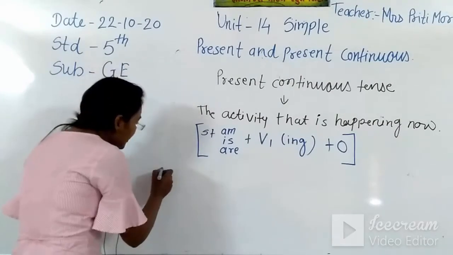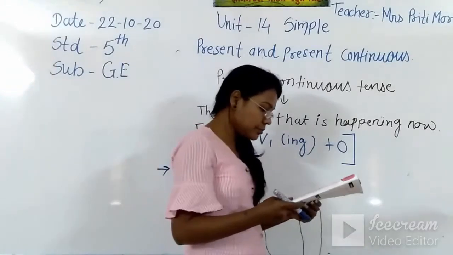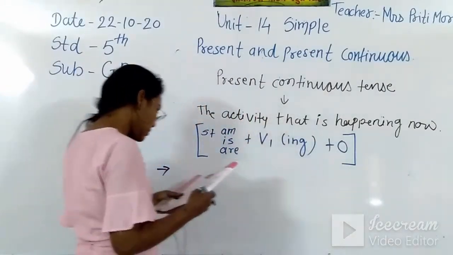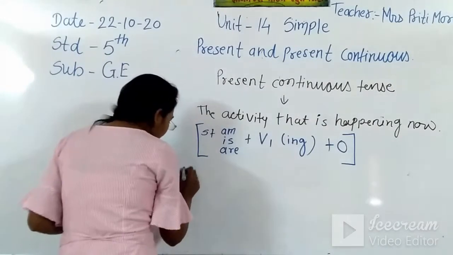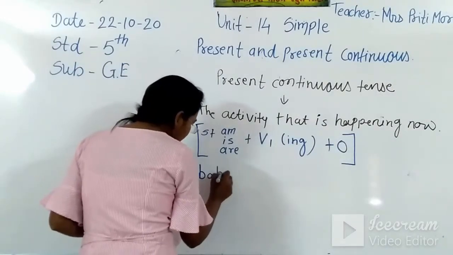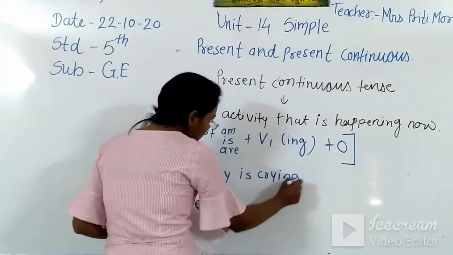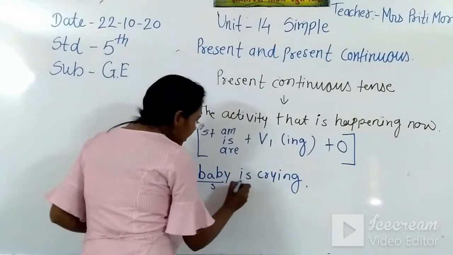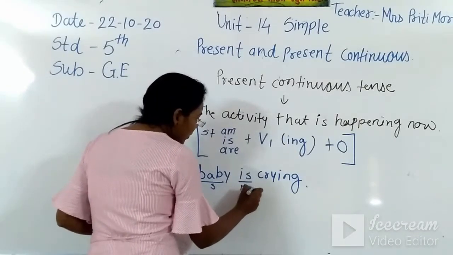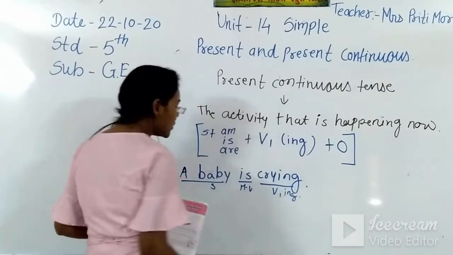Now, let us see some examples of present continuous tense. A baby is crying. This is the subject, this is the helping verb, and this is the verb, and we add ing.